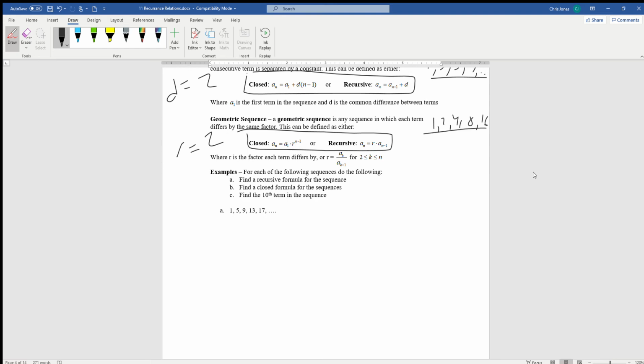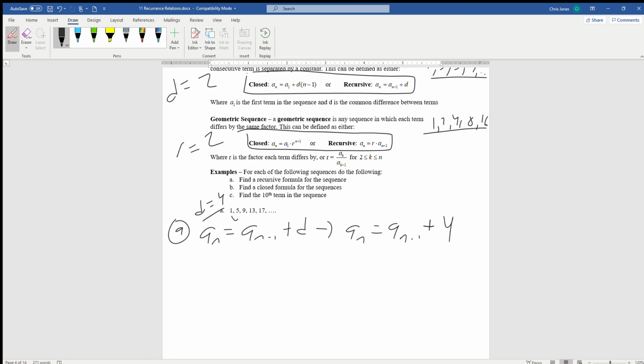For letter A, for the recursive formula, remember we have the formula a sub n equals a sub n minus 1 plus d. In other words, a sub n equals a sub n minus 1 plus 4, because we notice that each of the terms in the sequence is separated by 4.